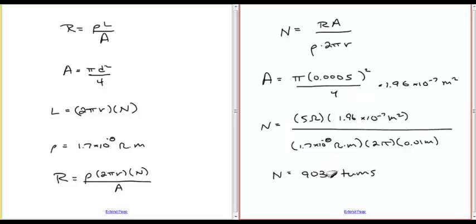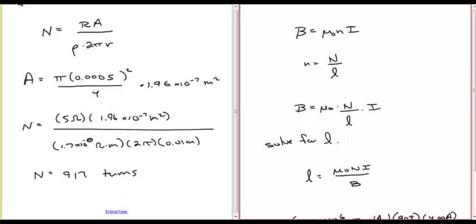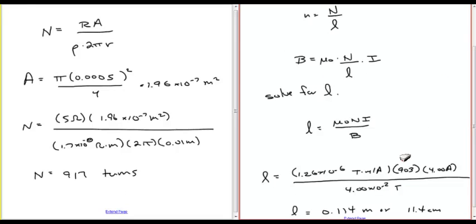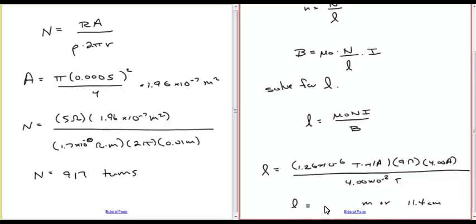Okay, I looked at the answer. I made a math error right here. So that should be 917 turns. If you come back down here and replace that with 917, then your answer is slightly different. So we take 917 times 4 times 1.26 e to the minus 6 and divide by 4 e to the minus 2.